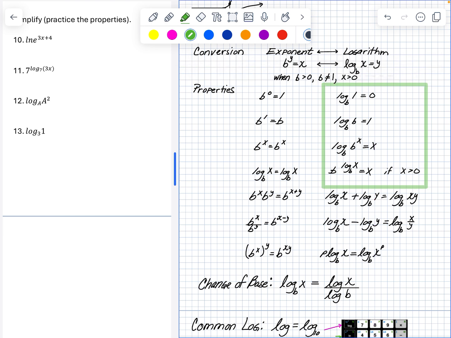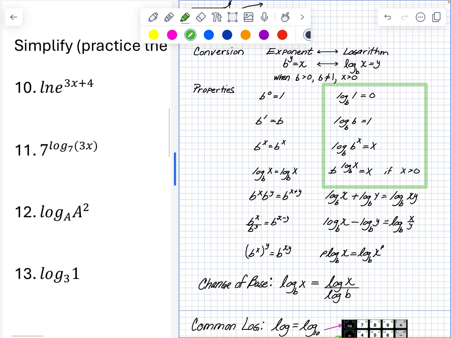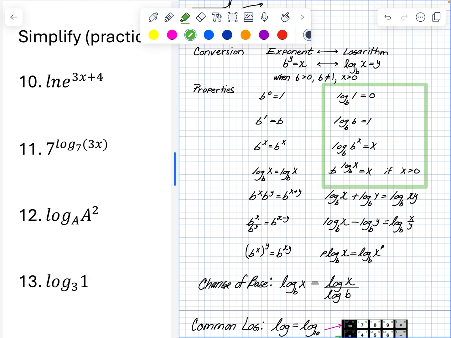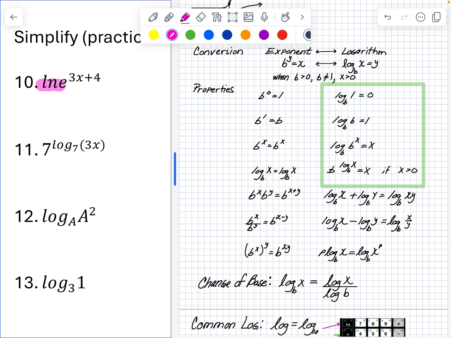So let's focus right here and look at what we have. We have a natural log e. So basically, if you don't think of it as a natural log, what we have is log base e of e. That's what the pink thing means.